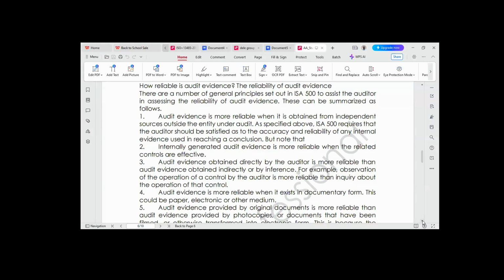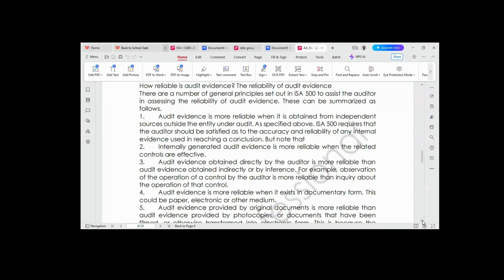Then you have another one: audit evidence obtained from original documents is more reliable than audit evidence obtained from photocopies. There's a place in Lagos, years back, which was the center or headquarters for counterfeit. The community still exists, but it is not as profound as it used to be.